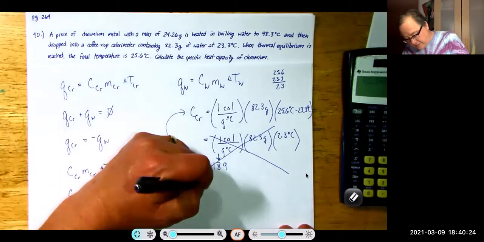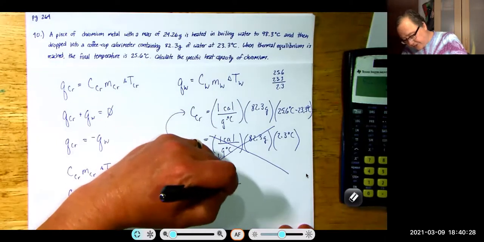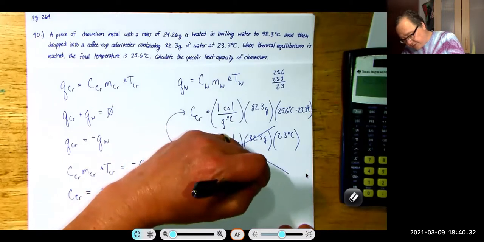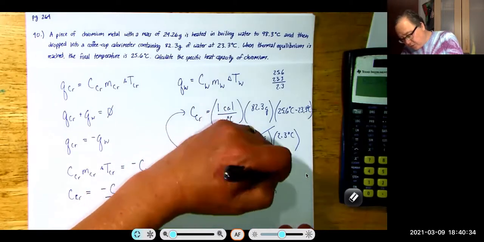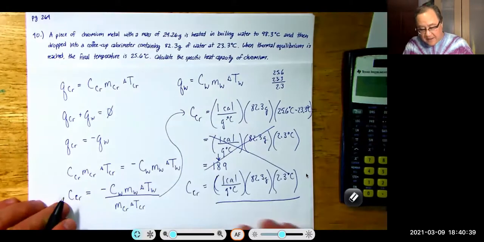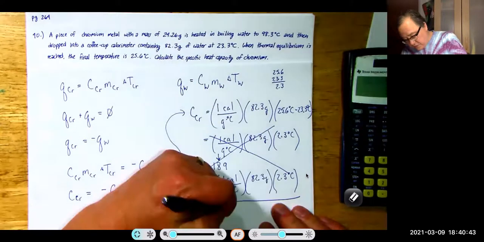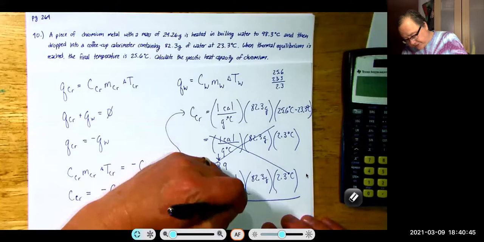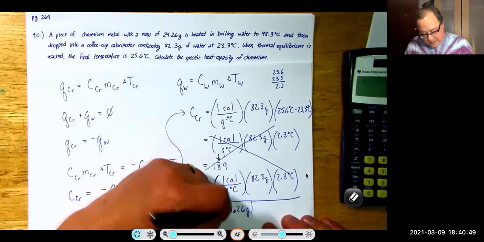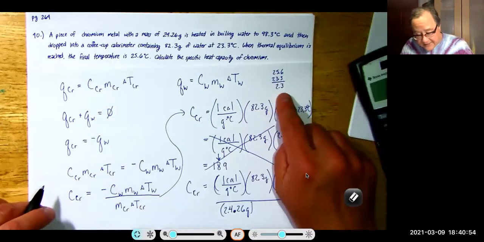So I got 1 calorie per gram per degree Celsius, 82.3 grams, 2.3 degrees Celsius, all of this over the mass of the chromium, which is 24.26 grams. And the change in temp of the chromium, I'm going to do a little aside like this.